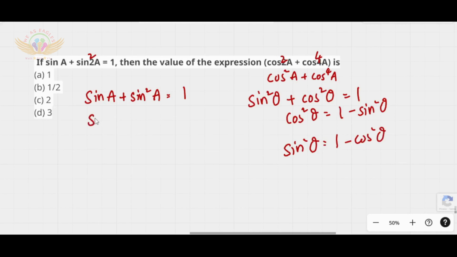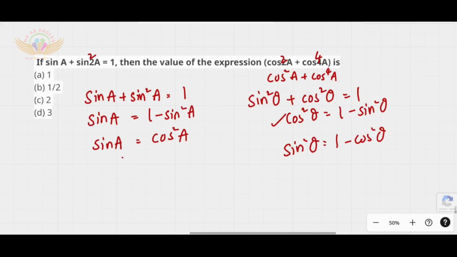So sine A is equal to 1 minus sine square A. Yes. Now what is 1 minus sine square A? Cos square theta, that is cos square A. Okay, done. Now here another sine is there. How can I convert this sine now?